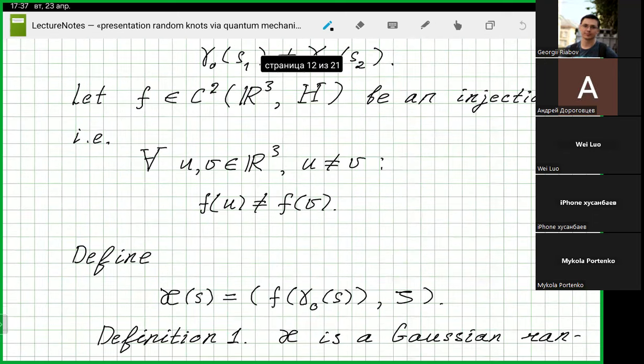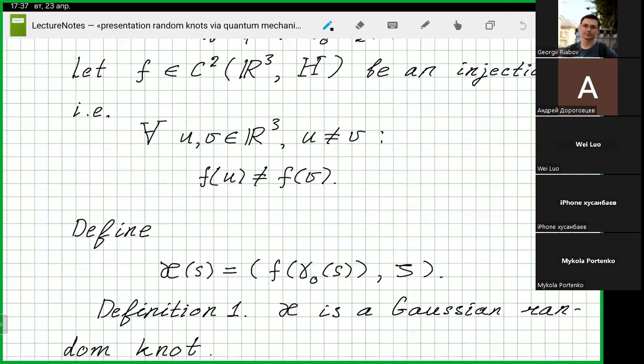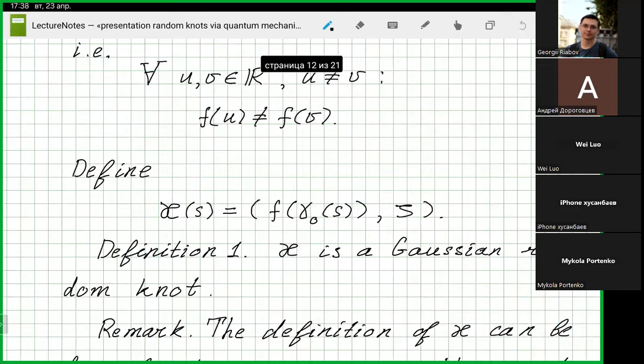And suppose that kappa S is simply the product of this f of gamma 0 with three-dimensional white noise. This is a Gaussian random knot.